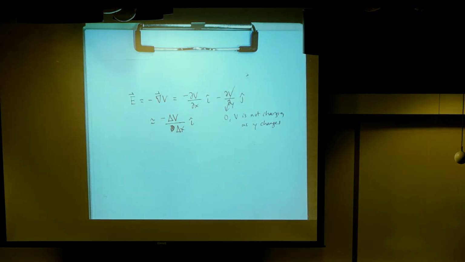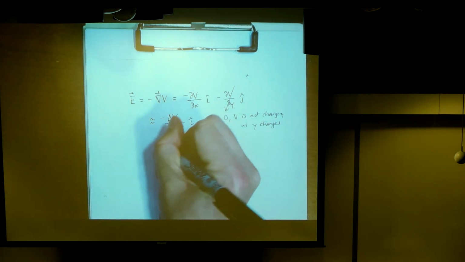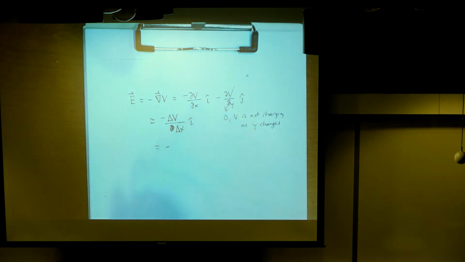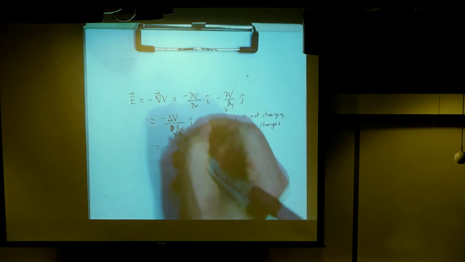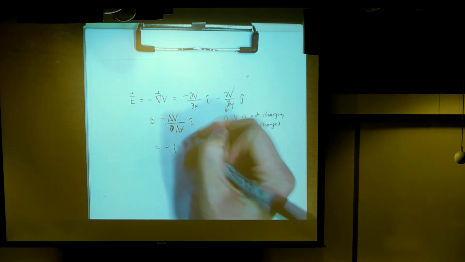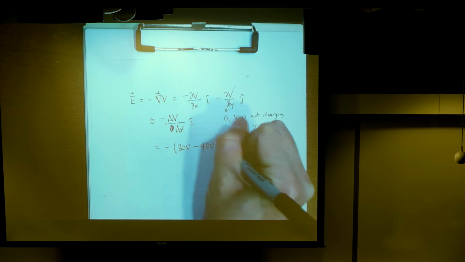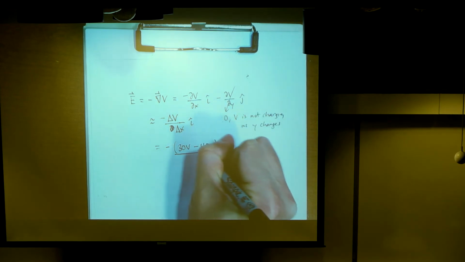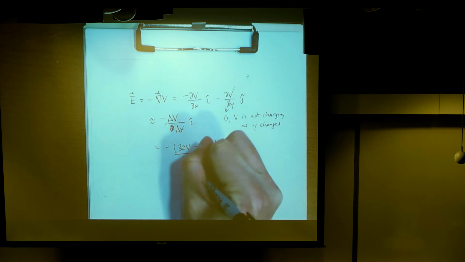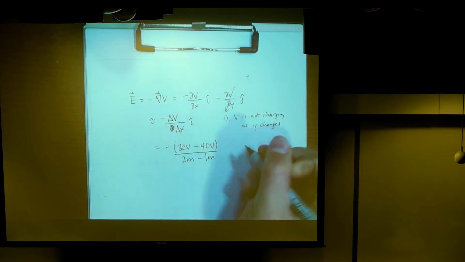So here we go. What I have here is a negative sign out front, and then what's my delta V? Well, my final potential is 30 volts, my initial is 40, so I do 30 minus 40. What's my delta x? I end up at 2 meters, I started at 1 meter, so it's 2 minus 1 on the bottom.